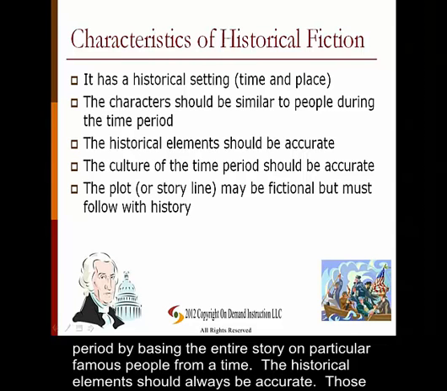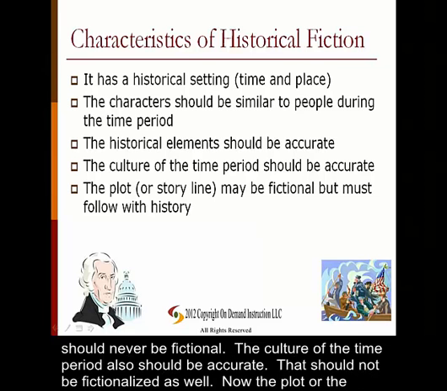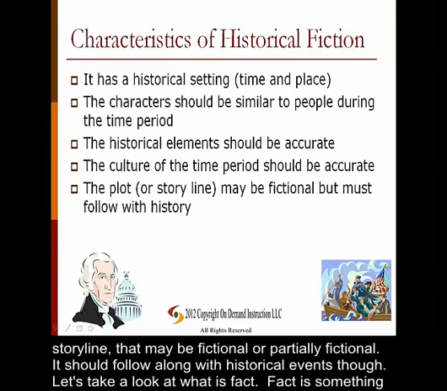The historical elements should always be accurate. Those should never be fictional. The culture of the time period also should be accurate. That should not be fictionalized as well. Now, the plot or the storyline, that may be fictional or partially fictional. It should follow along with historical events, though.